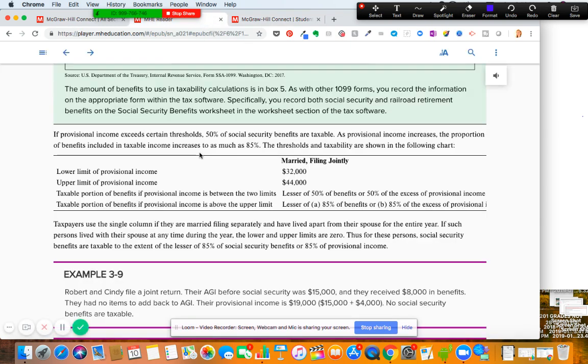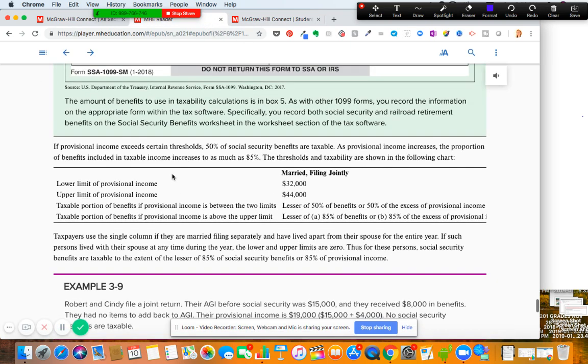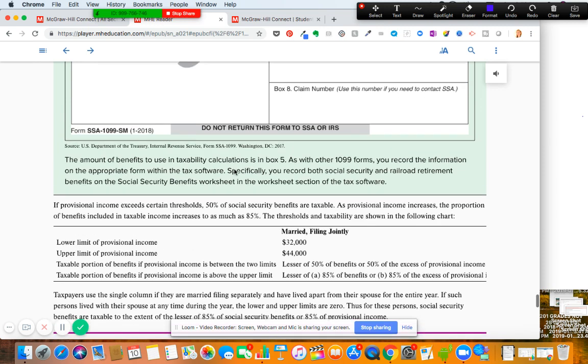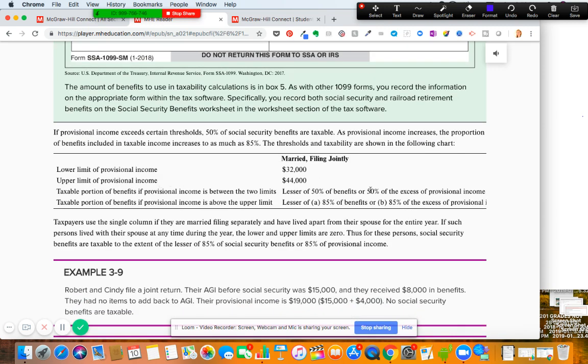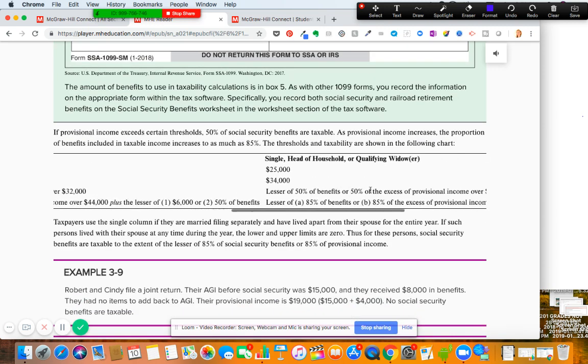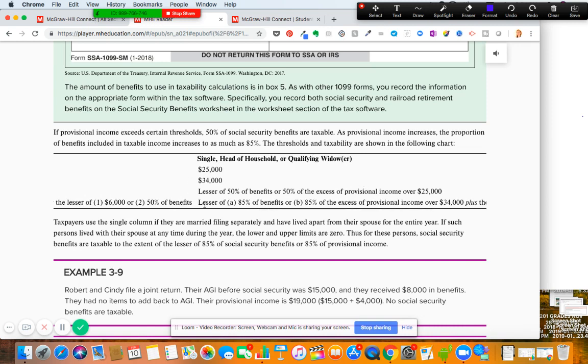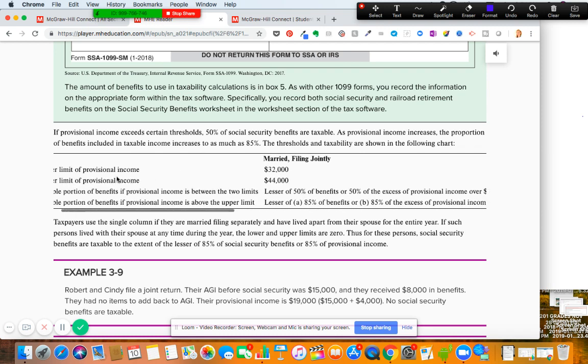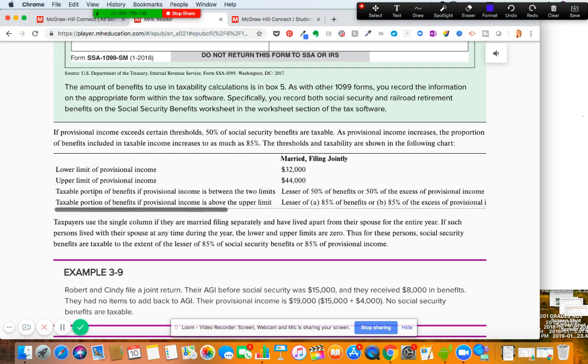If you come over to the ebook, there's actually a really great little table on page 3-12. In the book, it scrolls like this. This is for filing status single, head of household, widower, and then married filing joint is here, and what we're looking at is here.